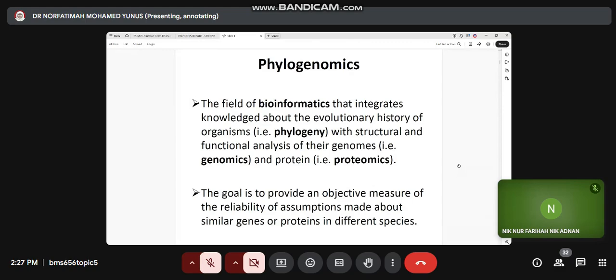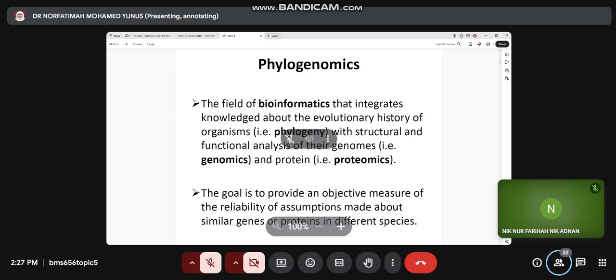So the goal is the same. The objective is still similar, because we want to see the group that shares the same characteristics, shared similarity among the population or among the samples.